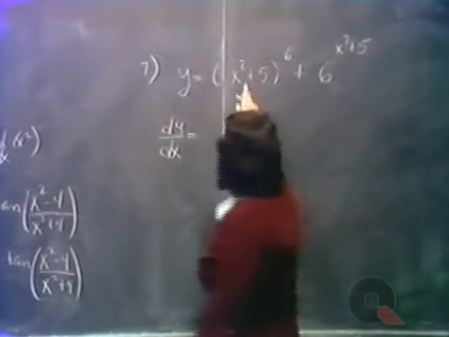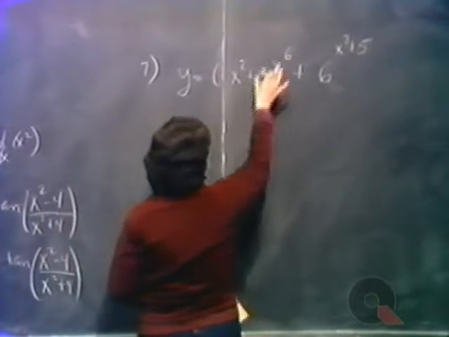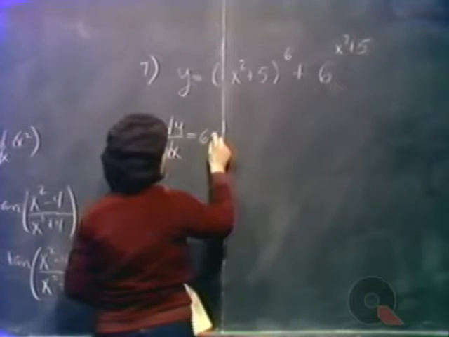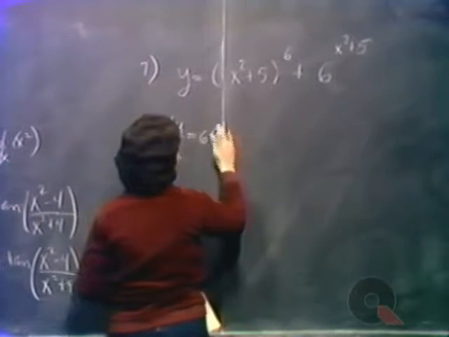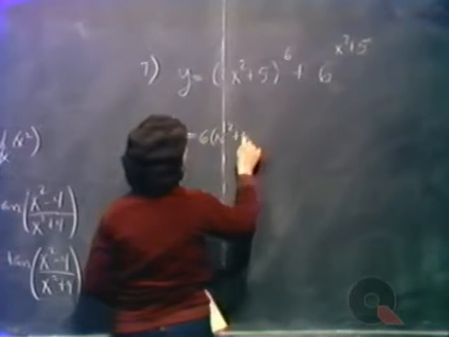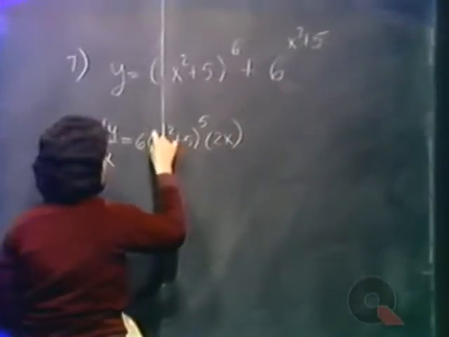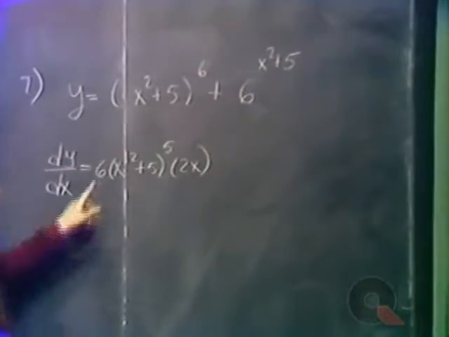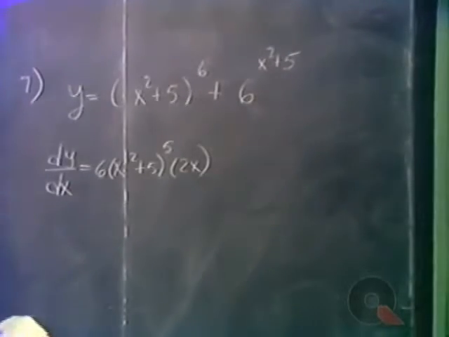All right, so here, using f of x to the nth power, function to a power, we're going to say the constant power times the function x squared plus 5 to the 1 less power times the derivative of the inside. Power, function, 1 less power, derivative of the inside.